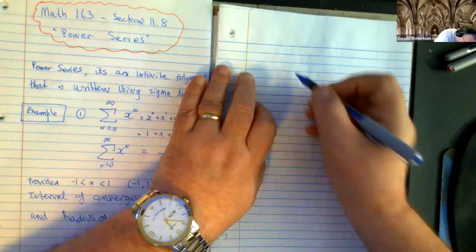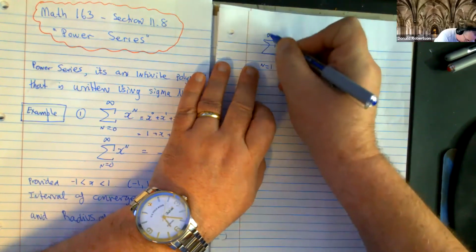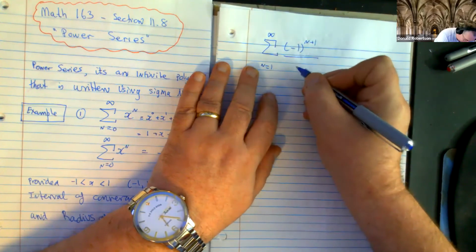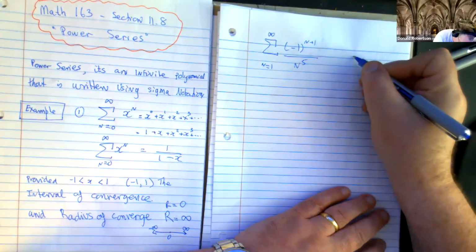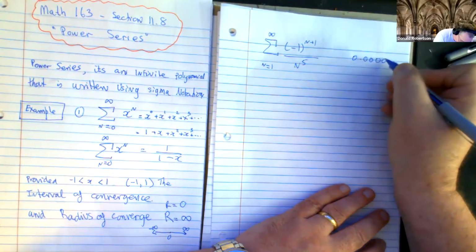So I'll switch over to the main screen. I'll show you the process I'd be using. Okay, so you're looking at essentially this series, which is an alternating series, right? And the error that you're being asked to calculate is 0.00005.